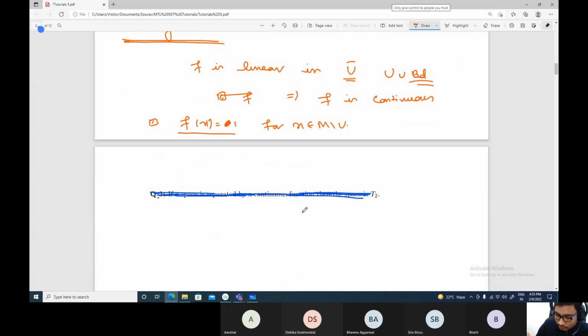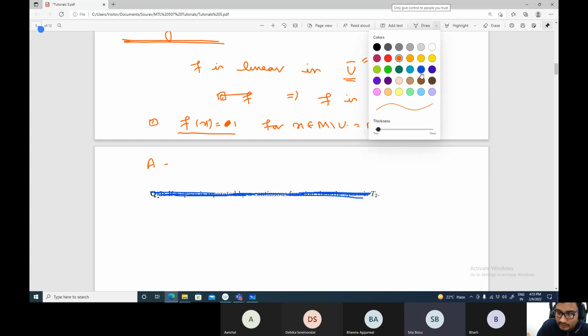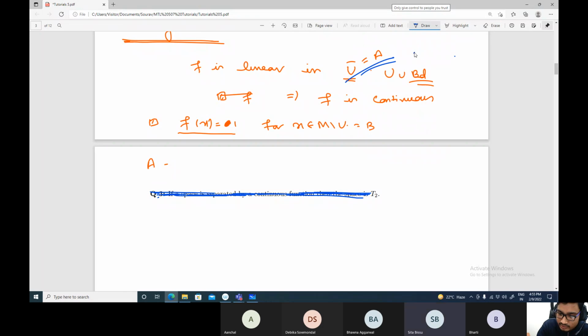Now see, say this is our B, say this is our A. So A is a closed set. Is it a closed set? Yes, it is closed. What about B? B is closed.